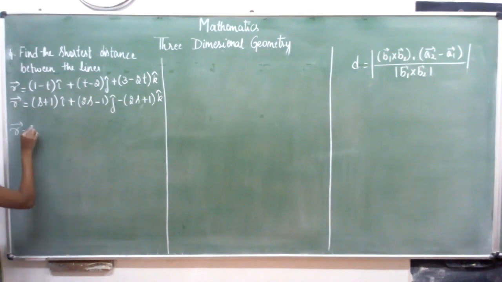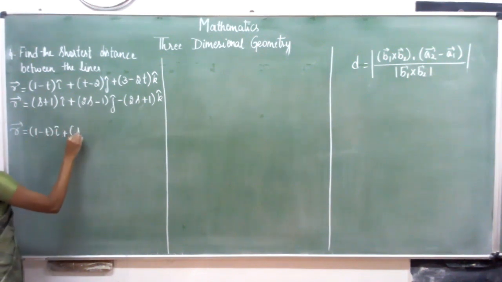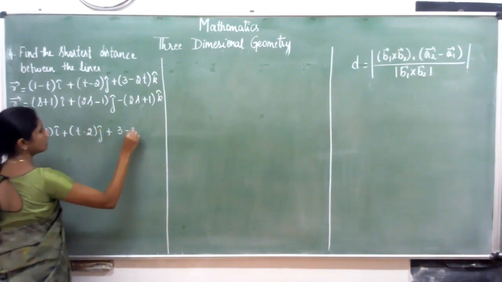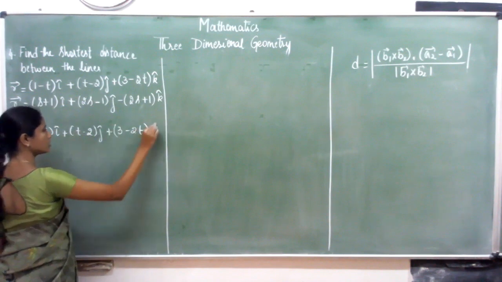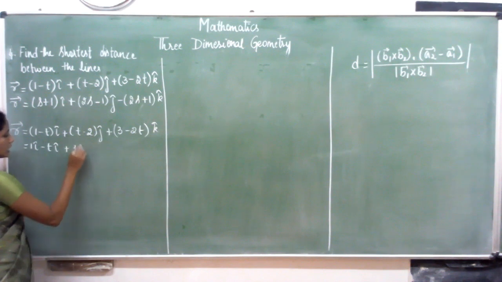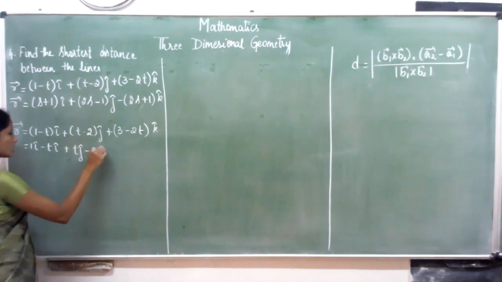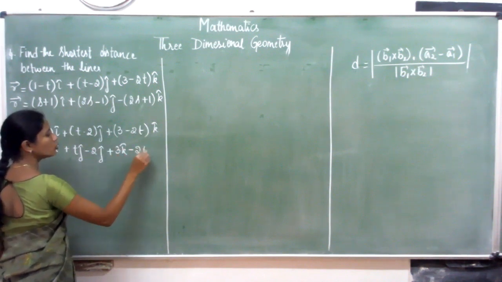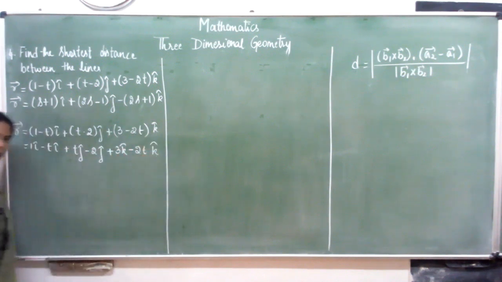So vector r is equal to 1 minus t into i cap plus t minus 2 into j cap plus 3 minus 2t into k cap. So multiplying this out, it is 1 i cap, then minus t times i cap, then plus t j cap minus 2 j cap plus 3 k cap minus 2t k cap.